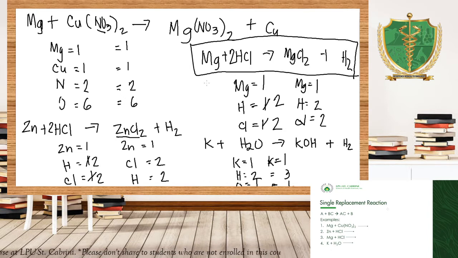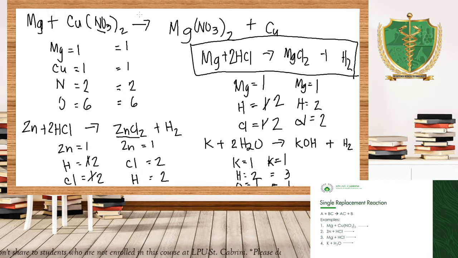So, anong una mong gagawin? Pag nagdagdag po tayo dito ng 2, our hydrogen will become, I will choose another color of pen. I will use my favorite color. Ang favorite color ni Sir ay green.